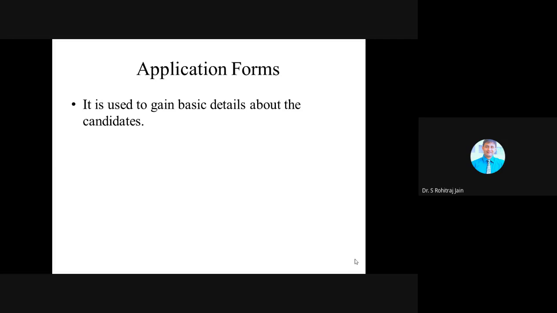This consists of the entire past job details, which includes the previous job exit reasons, the job duties and responsibilities handled in the previous assignment, and the earlier package he used to draw. This data updates the organization about the candidate's job stability, his behavior towards work, and his attitude and loyalty towards the previous employers.